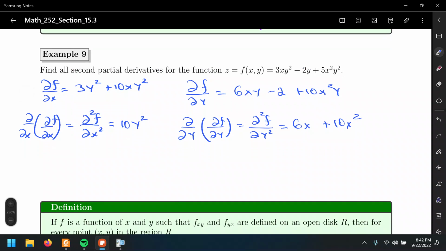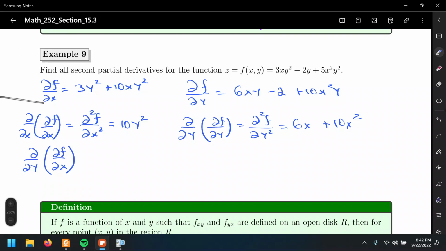The next one. So, we already have the derivative of the function with respect to x. Now we're going to take the second partial derivative, but this time with respect to y.